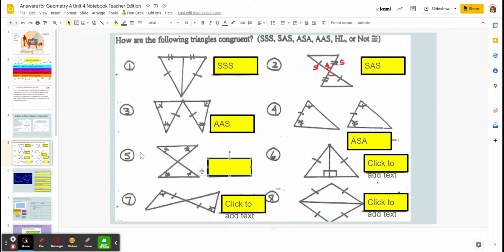All right, number 5. For number 5, we have one pair of corresponding angles being congruent. We have a second pair of corresponding angles being congruent. We also would know that the third angle is congruent. That's a vertical angle.